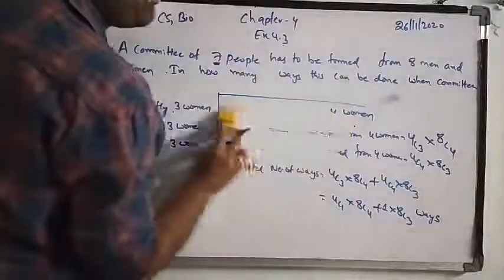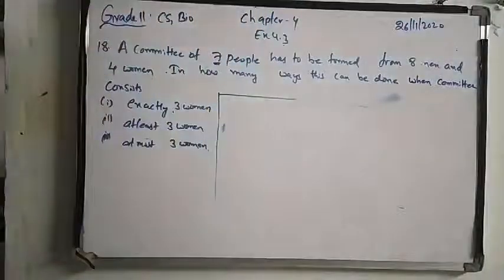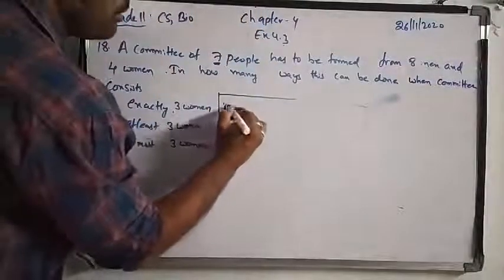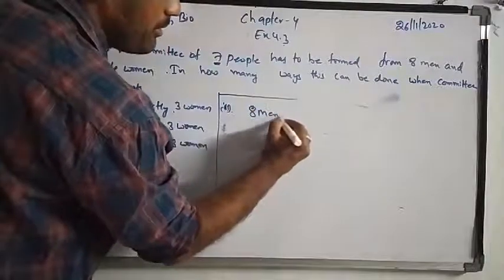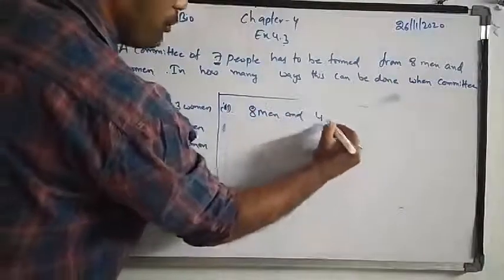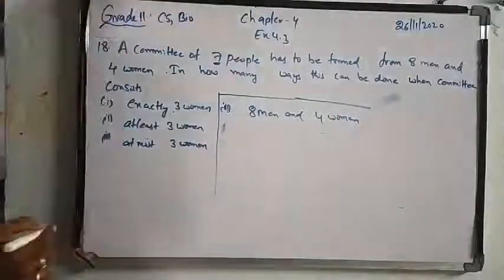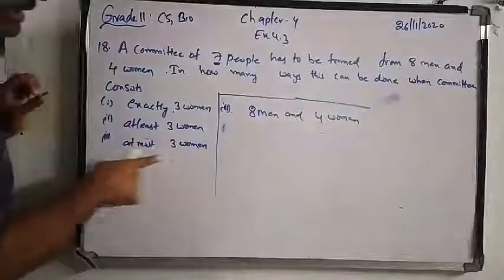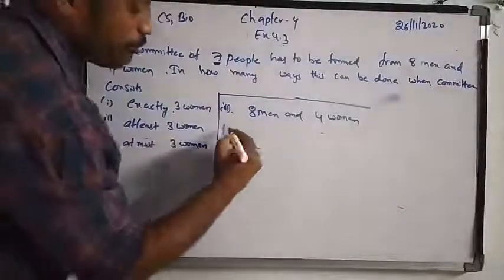Next, coming to the third subdivision. In the third subdivision we are having at most 3 women. So at most 3 women, totally given as 8 men and 4 women. In that we are to select at most 3 women. It should not exceed 4 women.